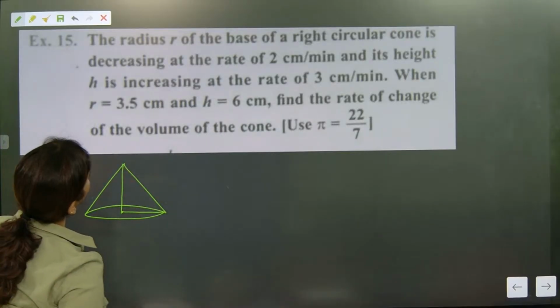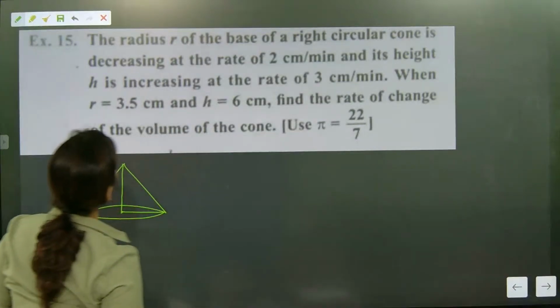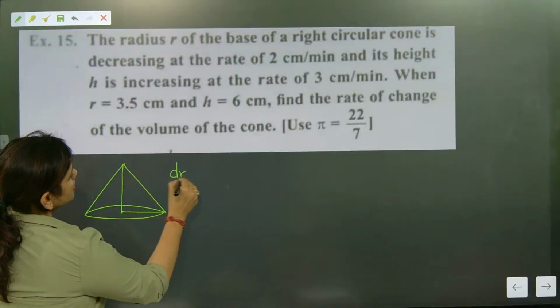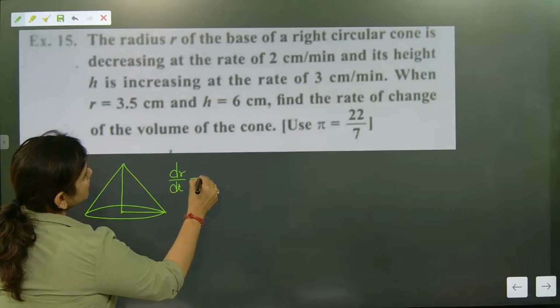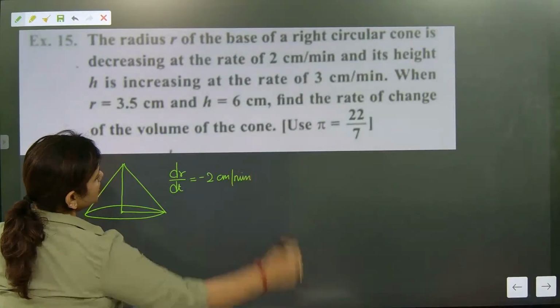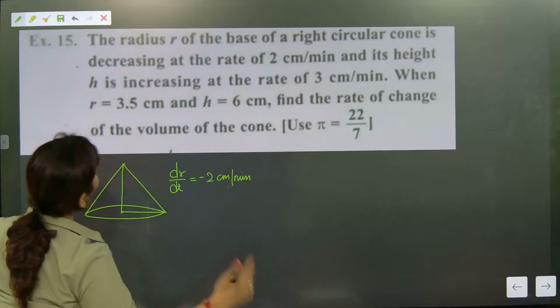This is a right circular cone. The radius r of the base of the right circular cone is decreasing. So dr by dt is equal to minus 2 centimeter per minute. Done. And its height is increasing.